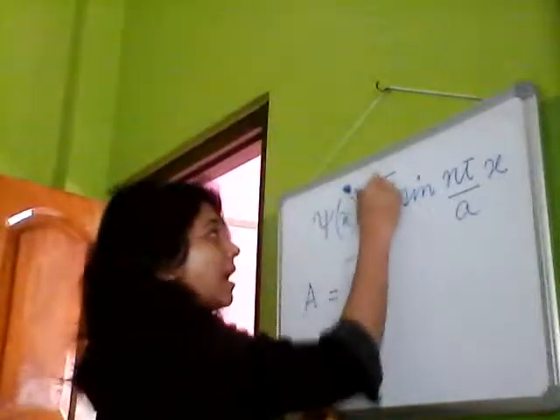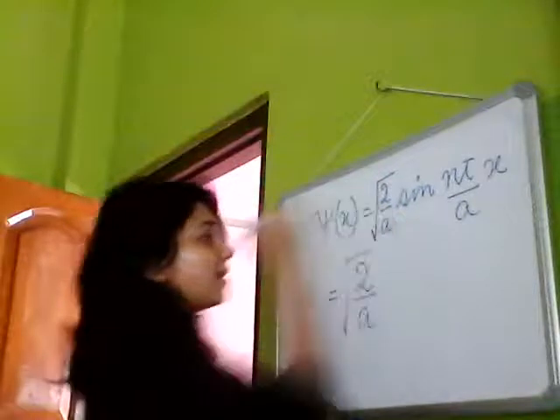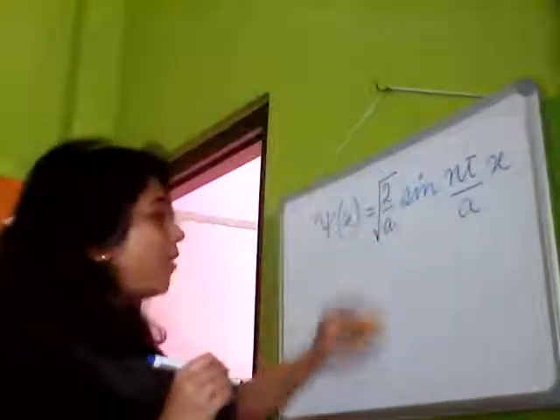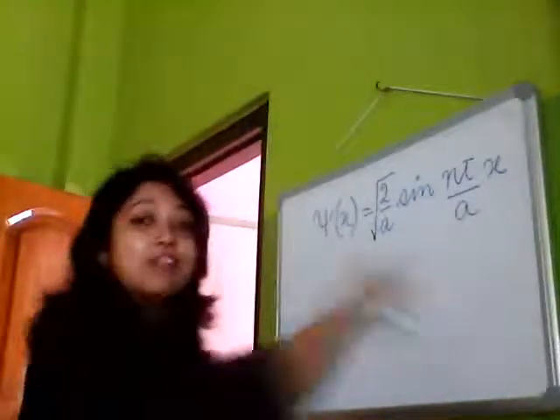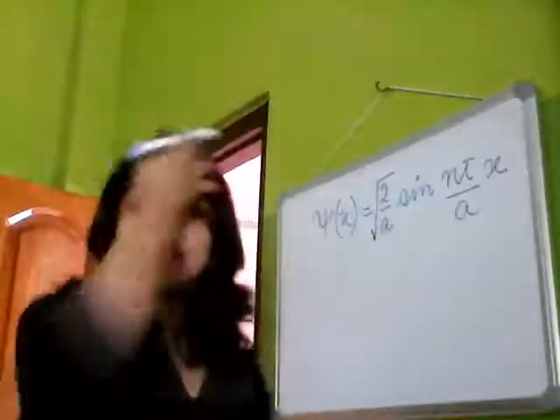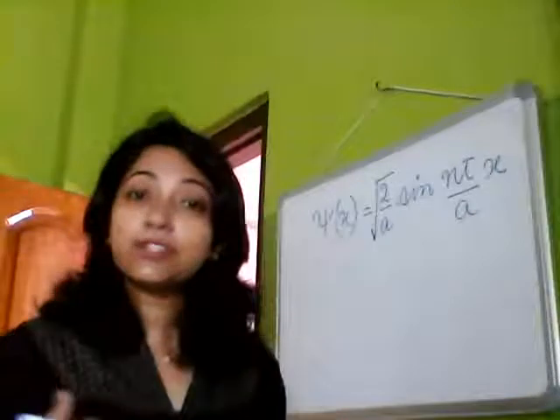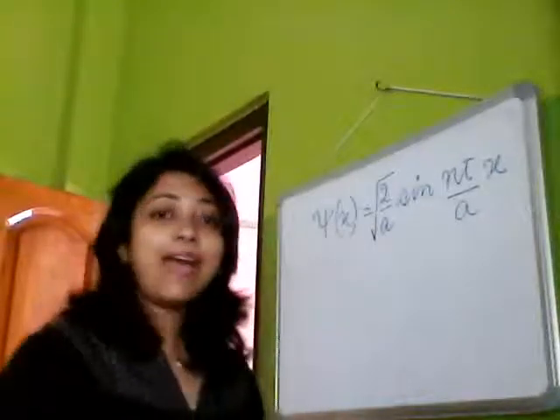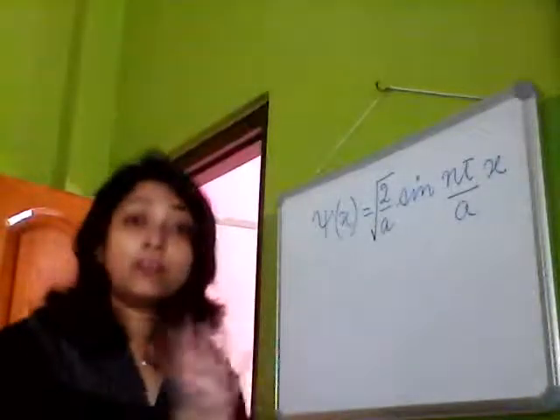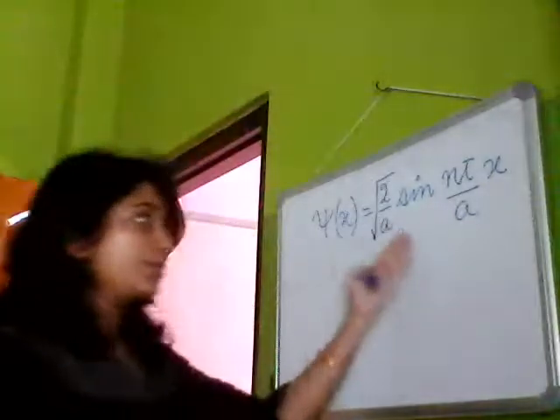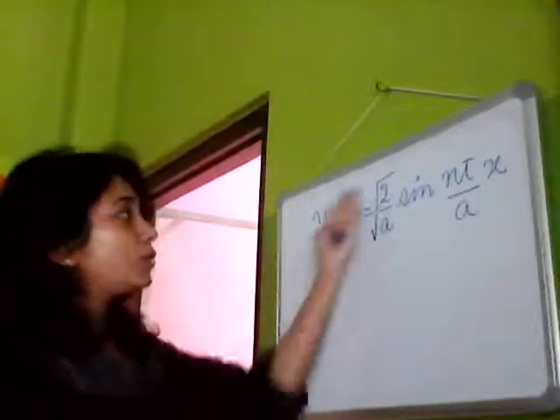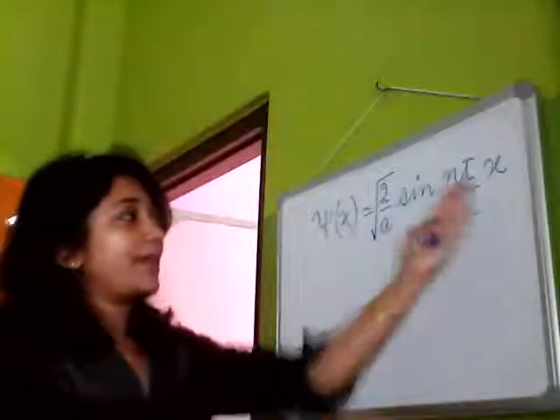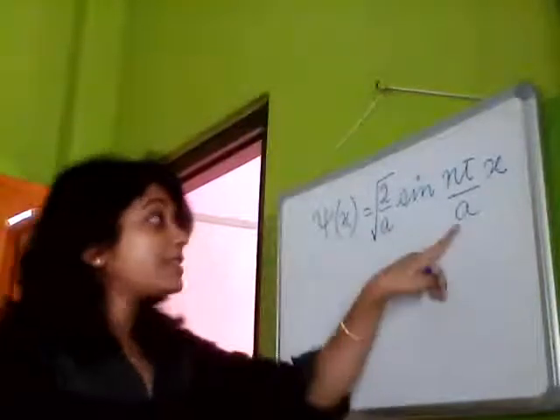And hence, now we are ready to write our complete solution of the one-dimensional potential well as this. So, a particle which is confined within a one-dimensional potential well will have a wave function, the position part of the wave function to be this, right? Which is root over 2 by a sine n pi x by a. Now remember, what is this a here?